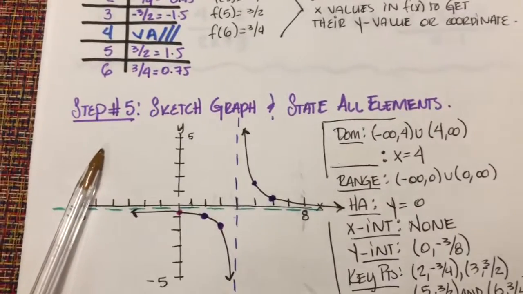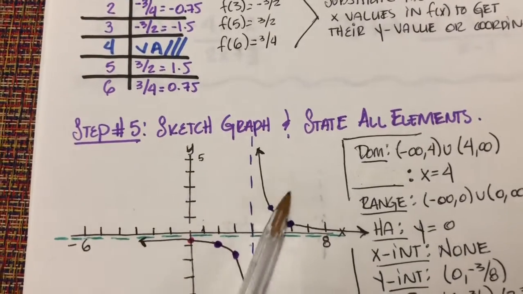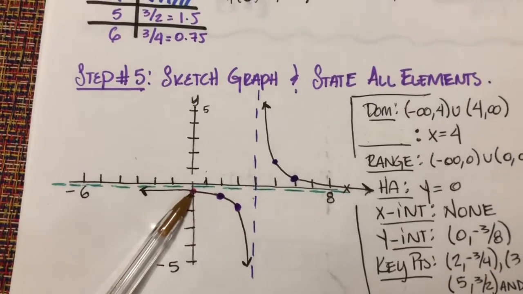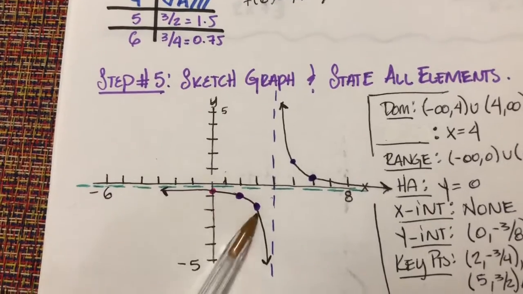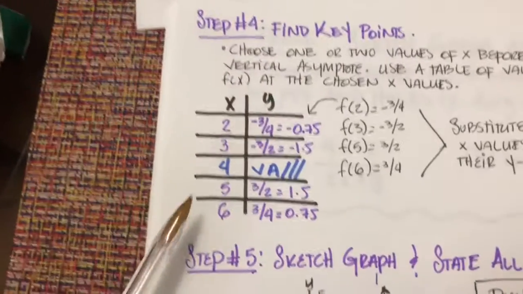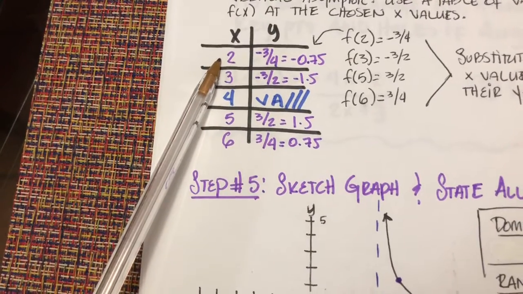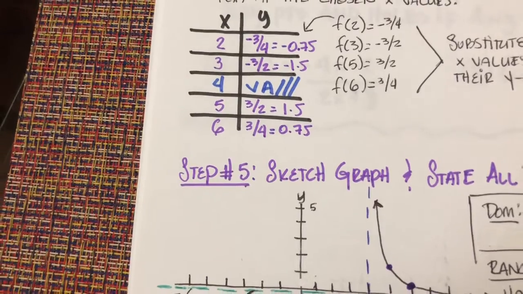Step number 5. Once I have the values and everything, I'm going to sketch the graph and state all the elements. So I have my y-intercept, my horizontal asymptote, my vertical asymptote, and the points that I got in the table of values. 2, -3/4, which is right here.